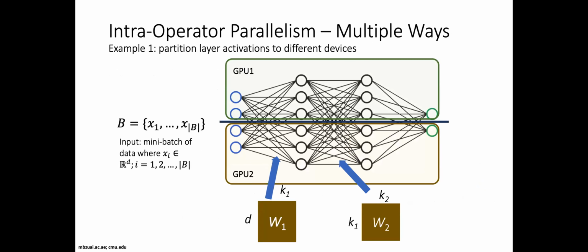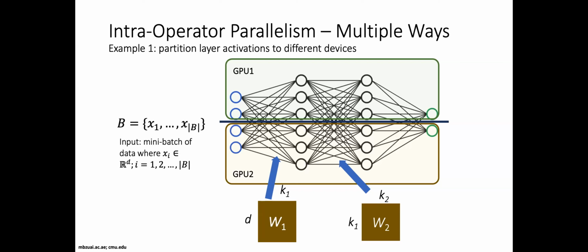Now, let's dive a little bit more into intra-operator parallelism to help everyone understand how this actually works. Take a very simple perceptron network with two hidden layers. You've got a batch of data called B coming in, and let's look at the weight matrices for the first two layers. Let's ignore the output layer for now. Let these weight matrices be dimension D by K1 and then K1 by K2.